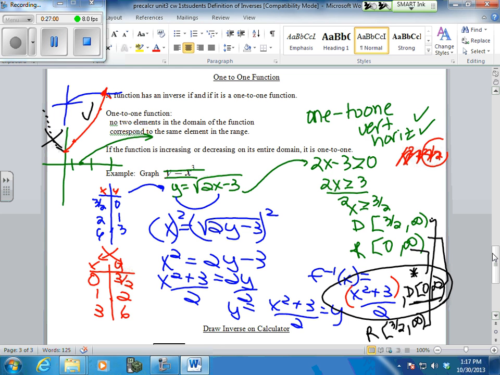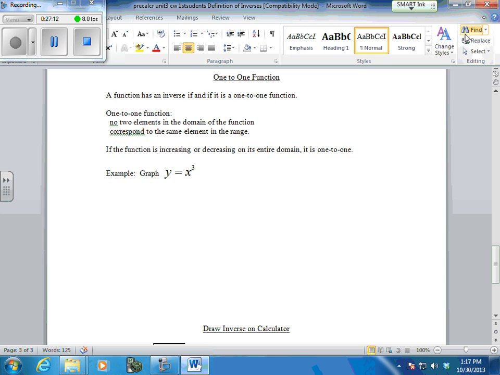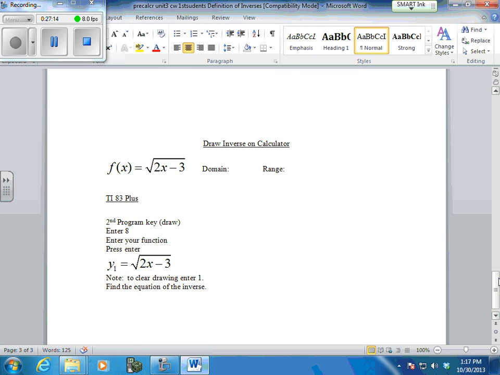Alright, hang in there. One more thing, one more step. Now, your calculator will draw an inverse, but it won't give you an equation. So what I want you to do before you start is just put this one in your y1, make sure there's nothing else in your y's.